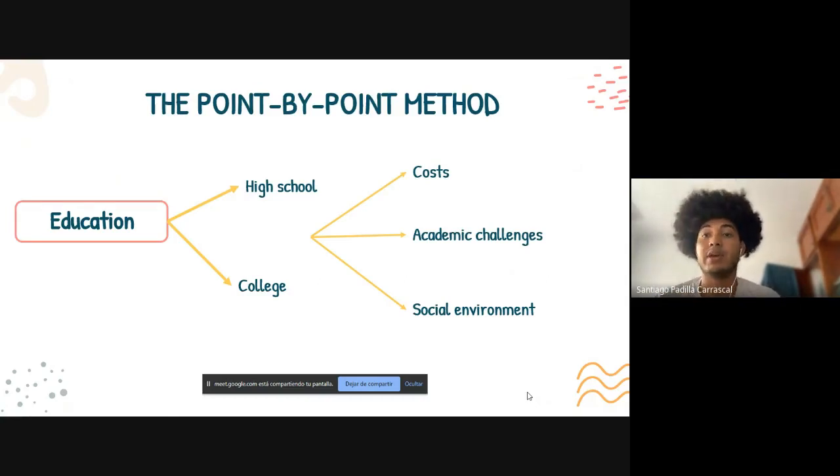For example, if we are going to take education, high school and college, we can compare them with three topics that would be cost, academic challenges, and social environment. The essay will have five paragraphs, and it will look like this.